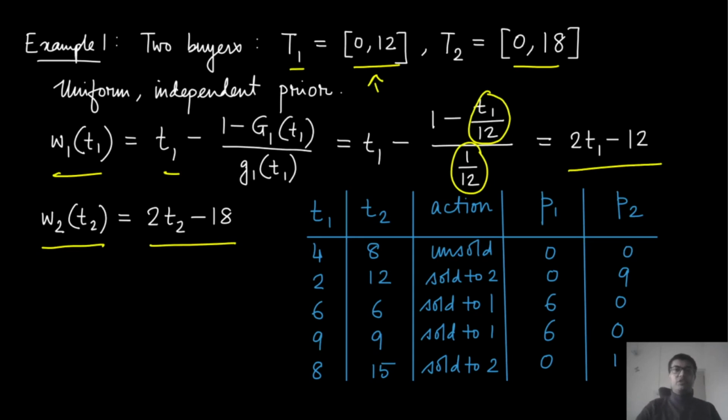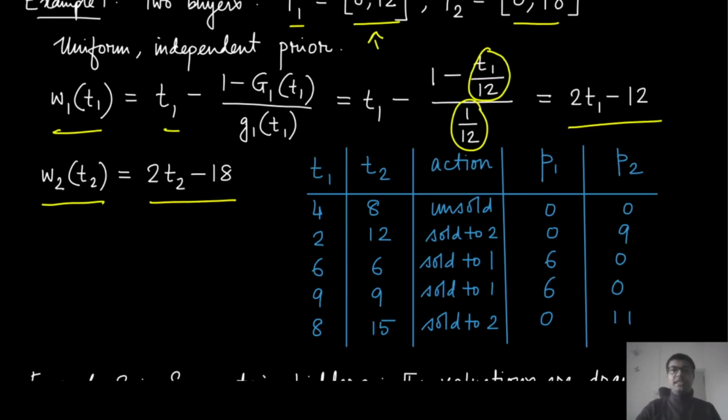Now let us focus on this table, which explains what the actions and payments will be under different type profiles in this optimal mechanism design problem. When t1 and t2 are 4 and 8 respectively, if you plug those values in, you will see that the virtual valuations are negative for both players.